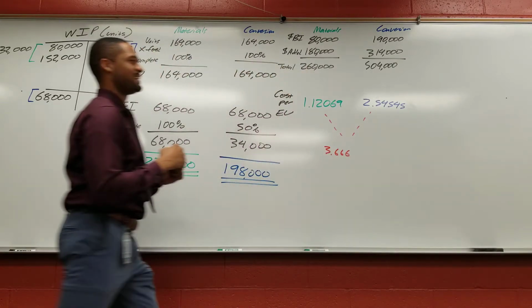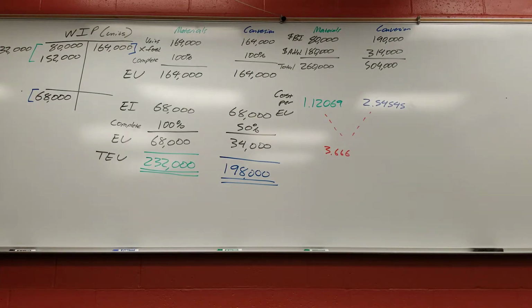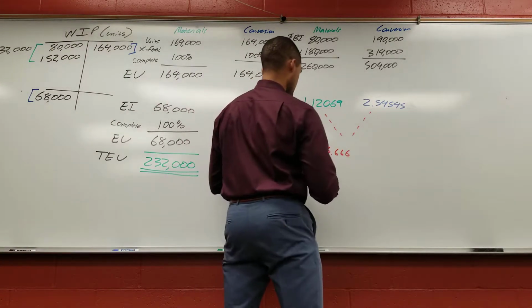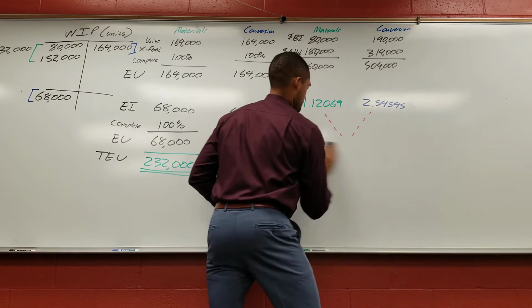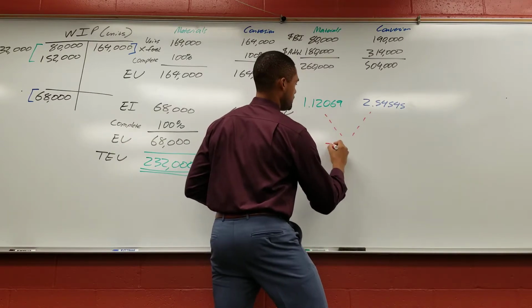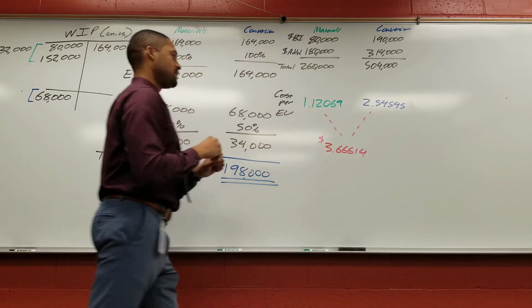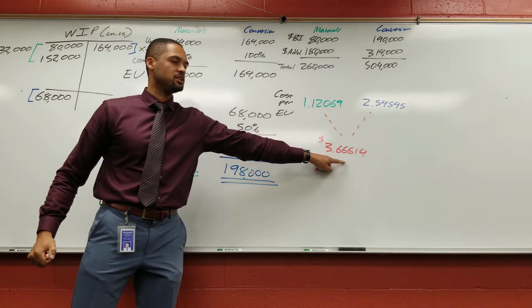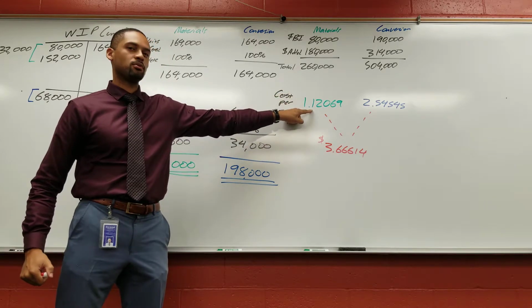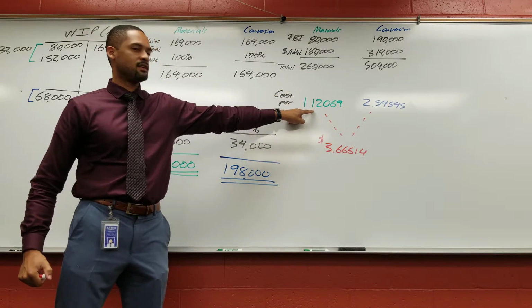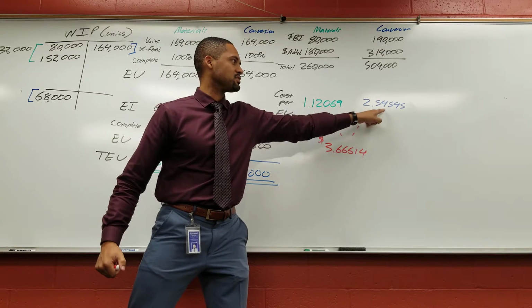I'll just add it. 1.12069 plus 2.54545, 3.66614. That's better. That's our total cost per equivalent unit. This is our total cost per equivalent unit in regards to materials. This is our total cost per equivalent unit in regard to conversion.